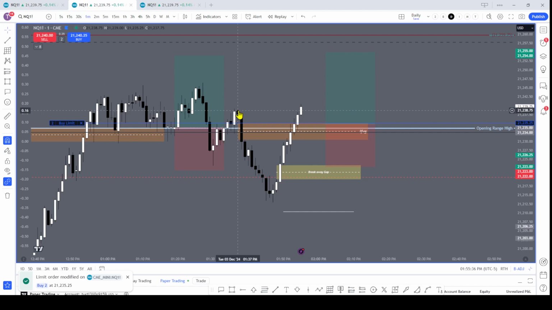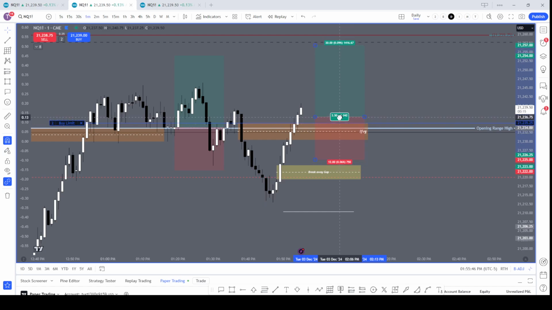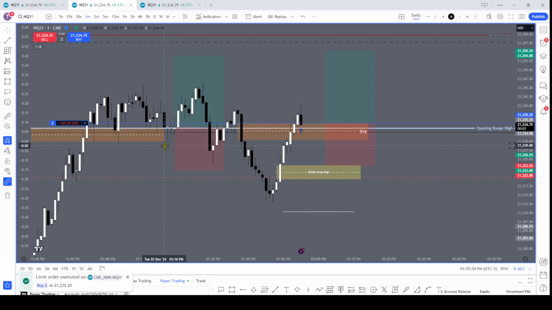Close above this open. I'll put it at the top of this open or inside of this fair value gap here. Okay. Enter.